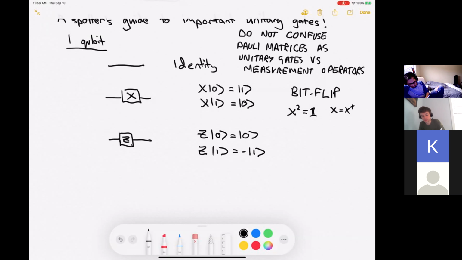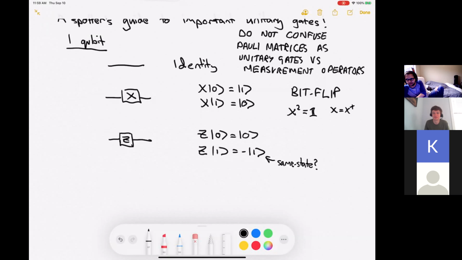Of course, as we all know, -1 as a quantum state is really the same state as 1. So this matrix hasn't done anything to 0, hasn't done anything to 1, so it doesn't actually do anything to the quantum state. So this Pauli Z seems like a non-trivial matrix, but it doesn't actually do anything to quantum states. Everyone agree with that? Anyone disagree?